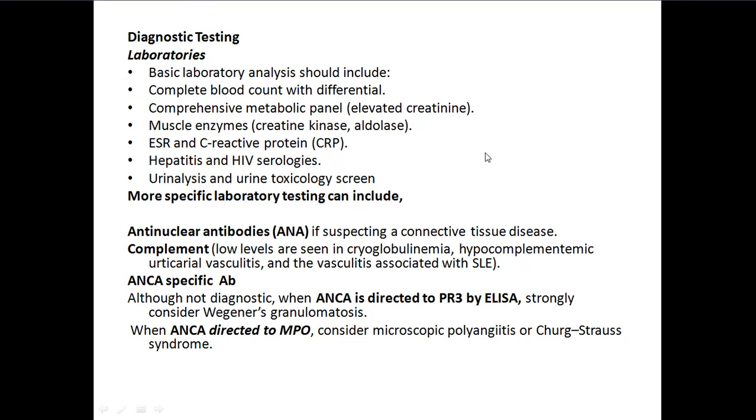It doesn't depend on whether it's primary or secondary vasculitis, or large vessel or medium vessel. These are the basic laboratory analyses that should be done. And the more specific are ANA, the antinuclear antibodies, the complement levels, and the specific ANCA antibodies, that is C-ANCA and P-ANCA. So depending upon that, we can differentiate which.